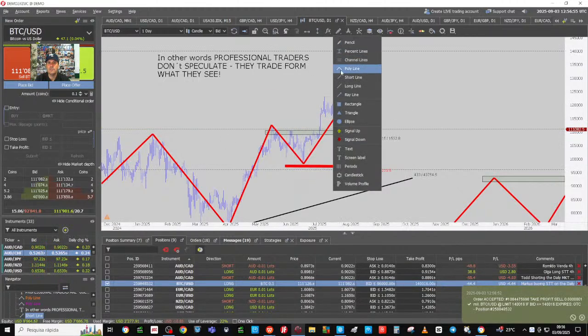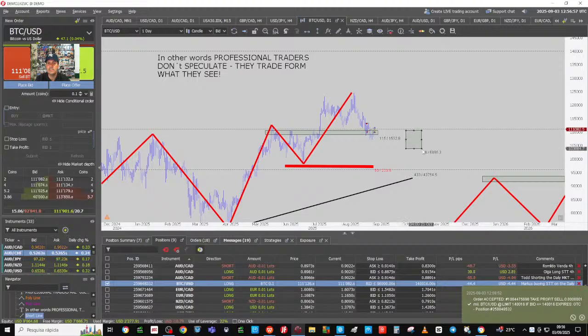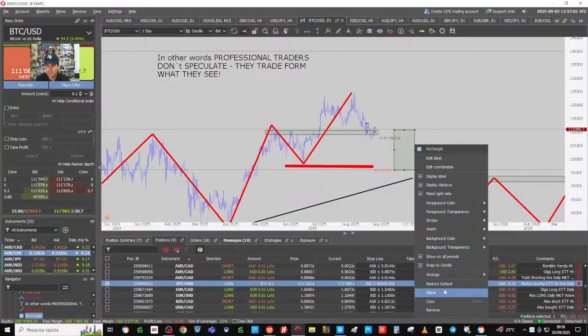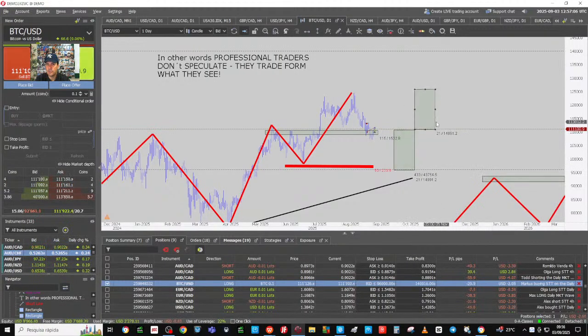Marcus, correct me if I'm wrong. If this is the stop loss, Marcus says on Teams it's 1 per 2, so this is going to be 1 for 1, and clone 1 per 2.